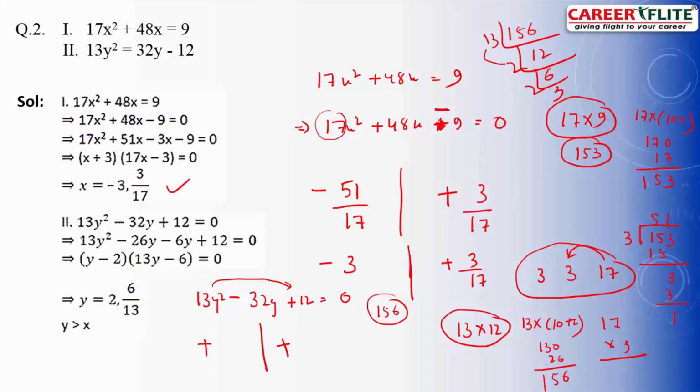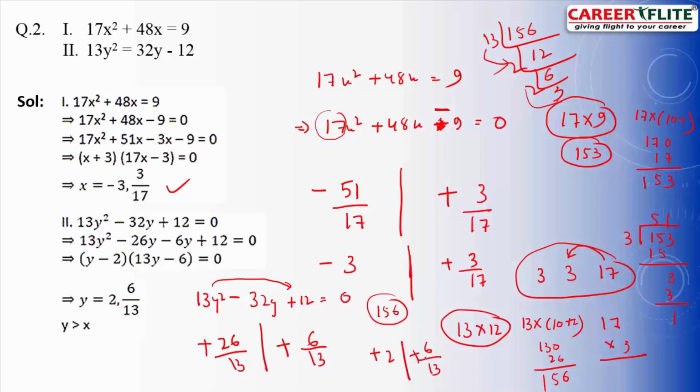You can do one thing, 13 into 2 is 26, and 26 plus 6 is 32. It is possible. So the larger number is 26, the smaller number is 6, and since 13 is the coefficient of y square, you must divide by 13. So you will get the values as plus 2 and 6 by 13.